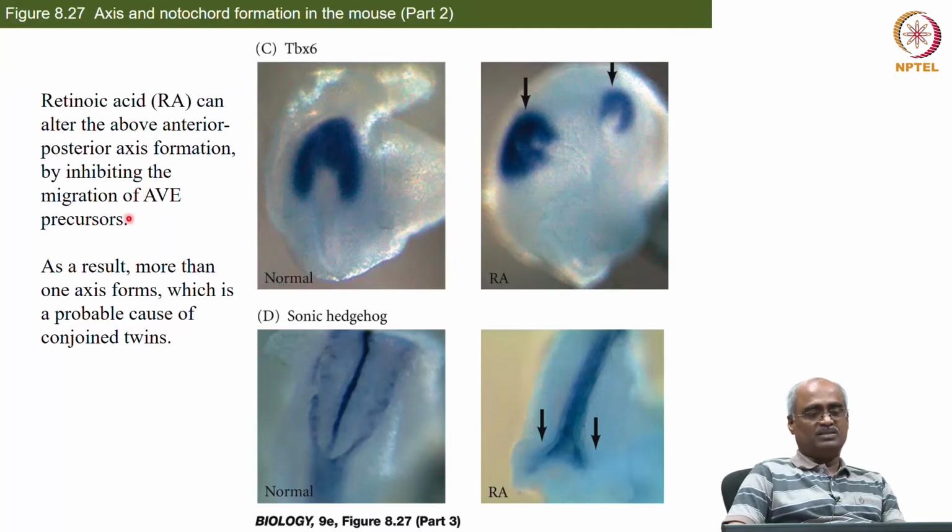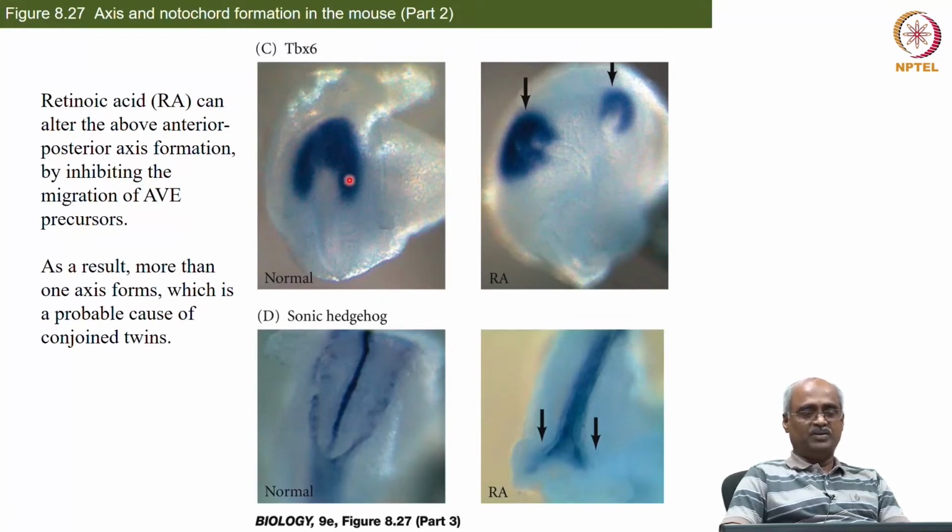So when the embryo is incubated with retinoic acid, you have alterations, which is illustrated here. So TBX6 is a transcription factor normally expressed in the anterior primitive streak. So this is the primitive streak and this is the anterior part of it and the surrounding epiblast cells. So this is where TBX6 is normally expressed.